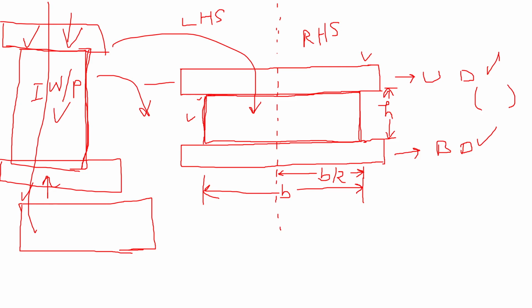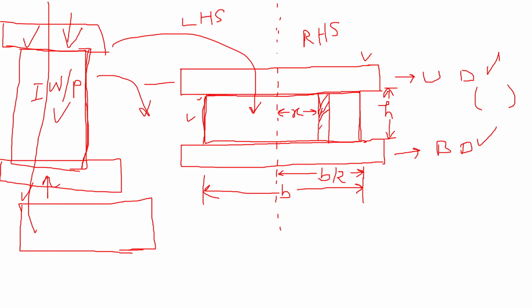Now let us consider an element or a slab at distance x from this symmetrical line. So at distance, say x, you are having a slab at distance x. Okay, this is your slab. Let me draw it.